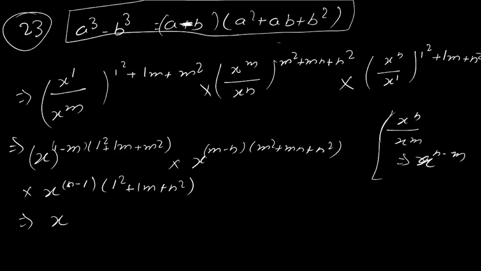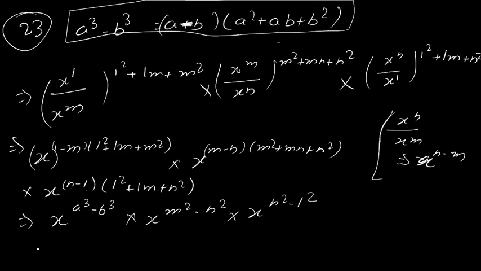So see, if this is a and this is b, exactly it will fit this formula. So a minus b, a square plus ab plus b square. So you can write it as a cube minus b cube, multiplied by x.